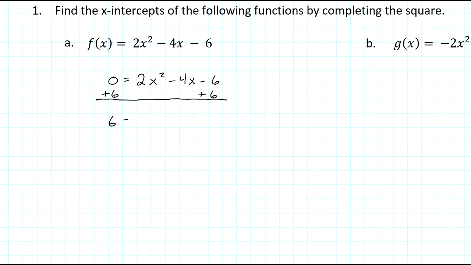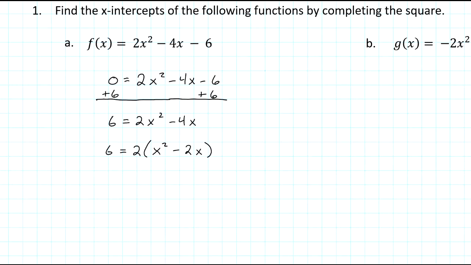So when I do this, I'll have 6 equals 2x squared minus 4x. And what we want to do is move the 2 off of the x squared. So to do that, I'm going to factor a 2 out of both of these terms. So I have 2 times x squared minus 2x.